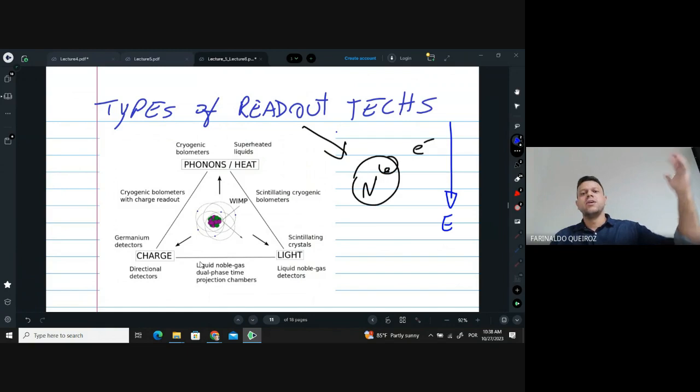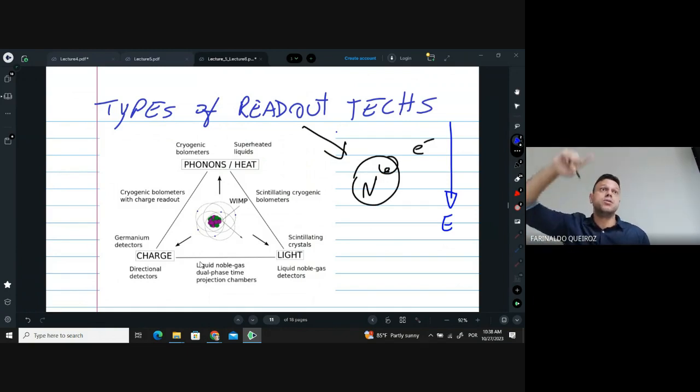So you have phonons, ionization, and scintillation, which is the light coming from the fact that you drift the particles upwards or downwards, whatever your electric field is pointing to. Sounds good? Those are the three main so-called readout techniques. Is there any question so far?